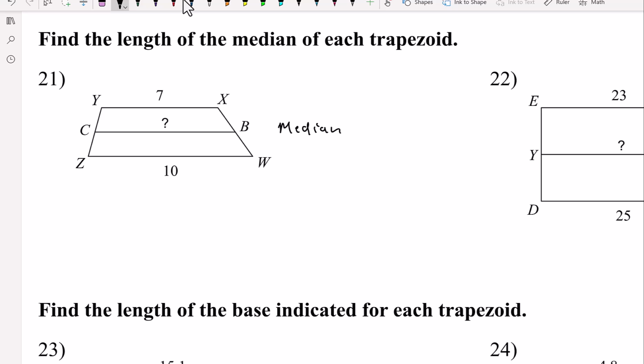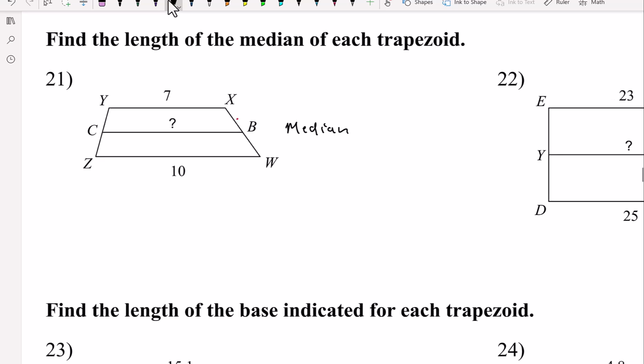Next thing I want to talk about is finding the median. So remember what a median is. A median for a triangle or for a trapezoid is a bisector of the two sides that it touches. So those two sides are the same and these two sides are the same.